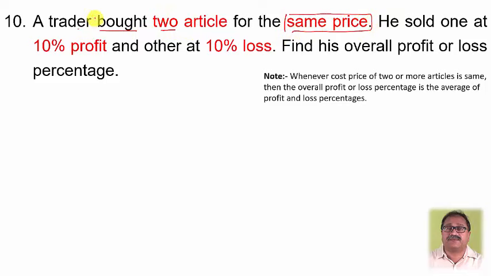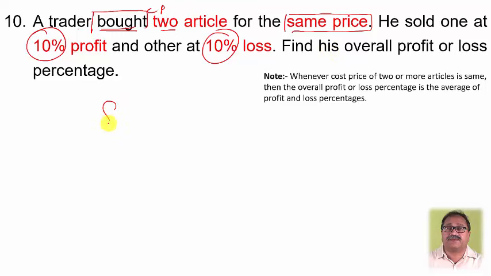So the point I need to notice here is the CP of two articles. I need to check whether it is CP or SP. Here it's given CP. CP of two articles is same. And in one 10% profit, in another 10% loss. So what is overall profit or loss percentage?